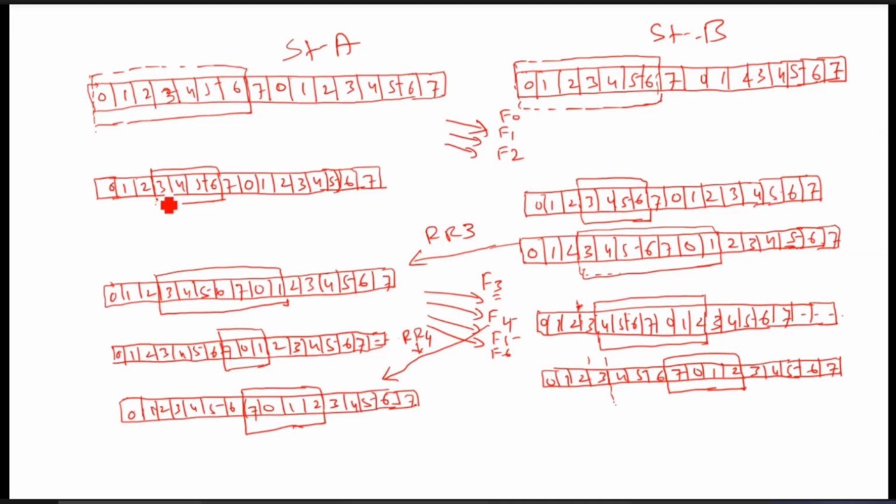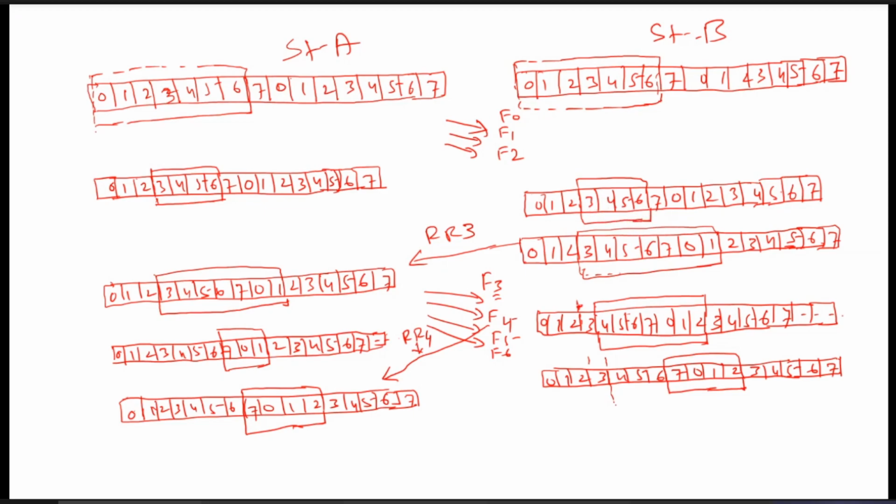The window has shrunk to 3, 4, 5, 6, 0, 1, 2, 3 transmitted. So A has shrunk its window, and whenever the frames are received, B's window also will shrink, right? So it is now 3, 4, 5, 6.